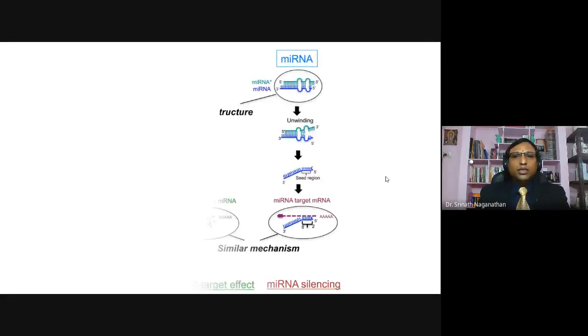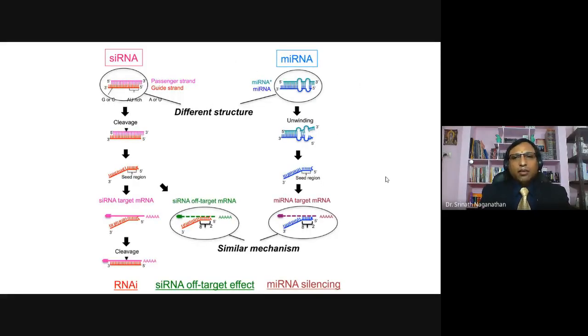So let's see how it takes place with the siRNA and the miRNA. If you see, the first strand is the guide RNA, in red color, and the second is the passenger strand. In this siRNA, it undergoes cleavage at a particular site by Dicer, which works like a twisting mechanism. It identifies, makes a cleavage, twists, and it is broken down. Once it is broken down, the passenger strand is removed, and the seed region is present.